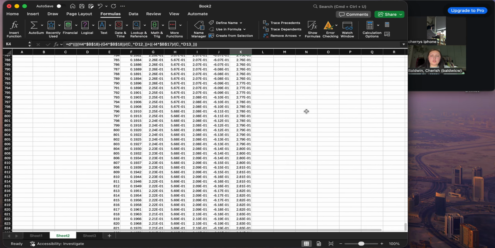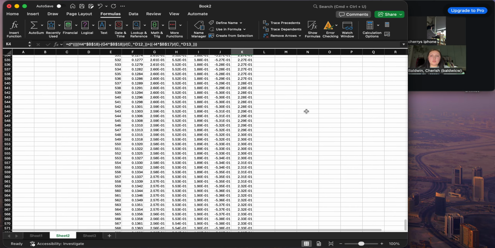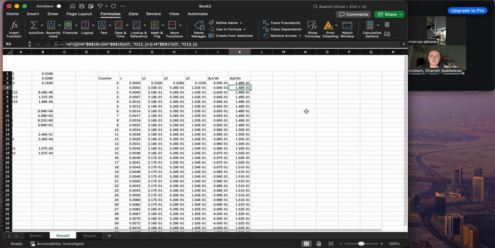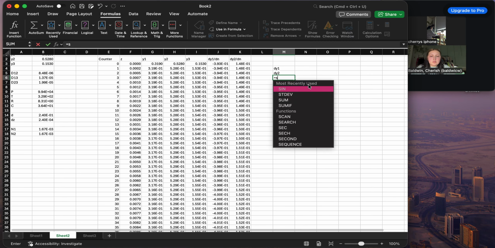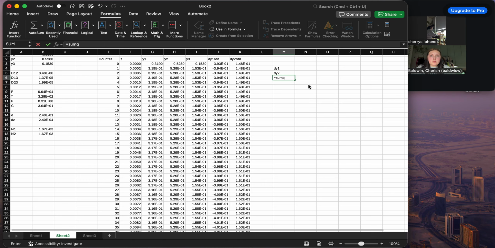All right, so now we are going to calculate the sum squared. Oh shit.